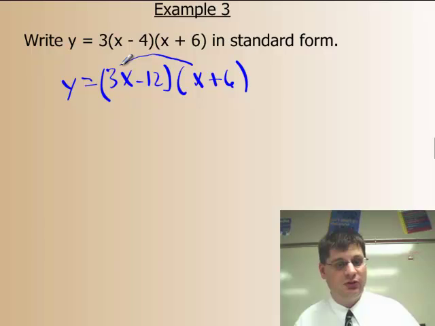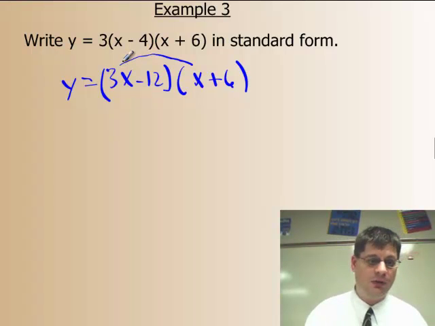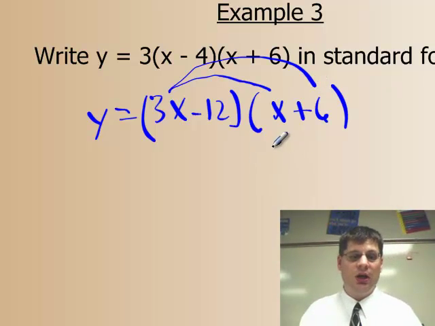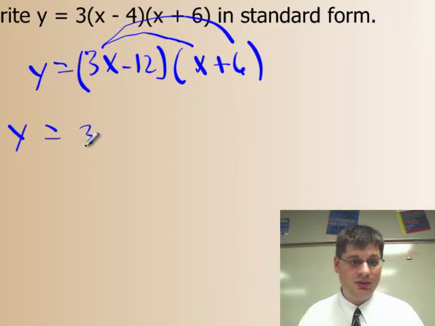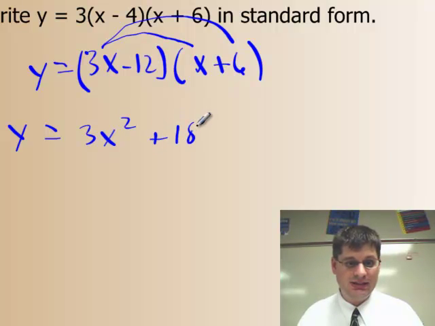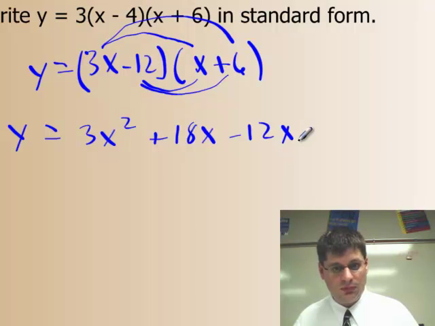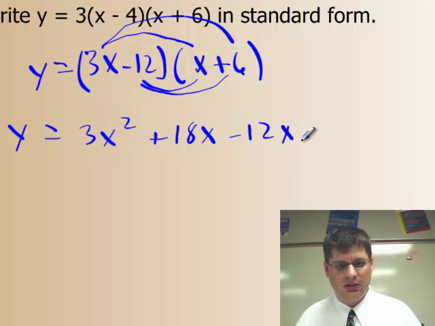The way I want you to view it is we take the first term and distribute it to both terms in the second binomial. So we have y equals 3x squared plus 18x. And then we take the negative 12 and distribute that to both terms. So negative 12x, and let's see, it's going to give me negative 72.